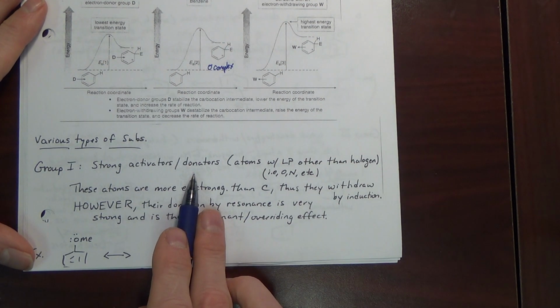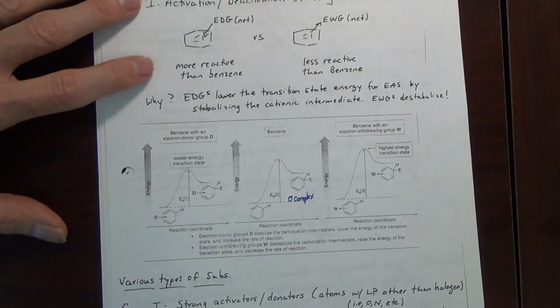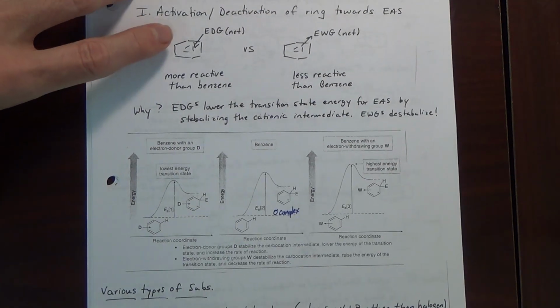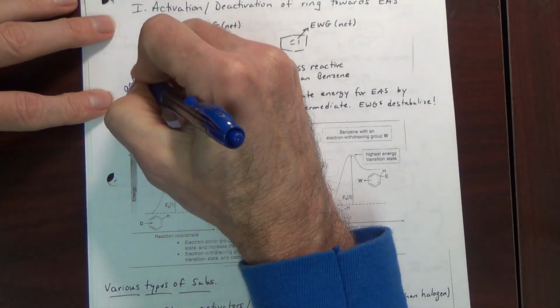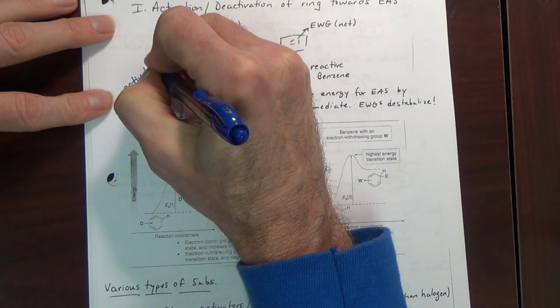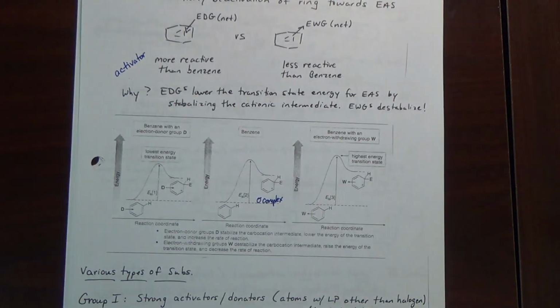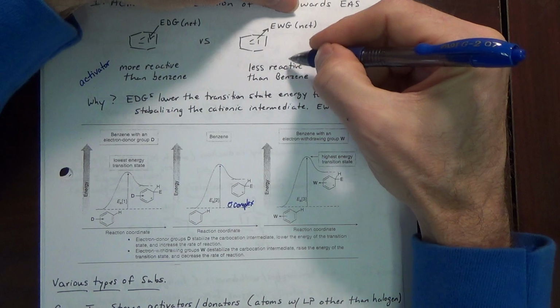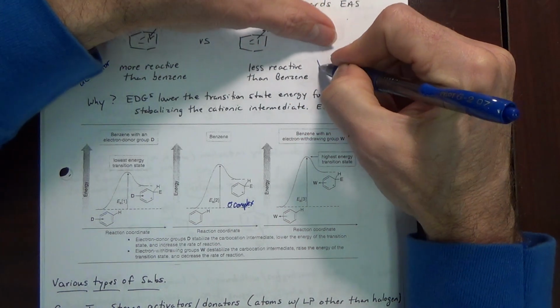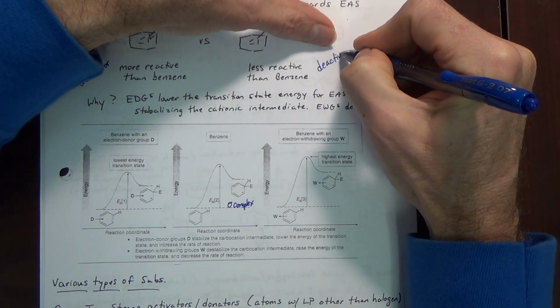Now if we go back up here, if the group makes the molecule more reactive than benzene, it's going to be an activator, we call it. If the group makes the ring less reactive than just simple benzene, it would be called a deactivator.